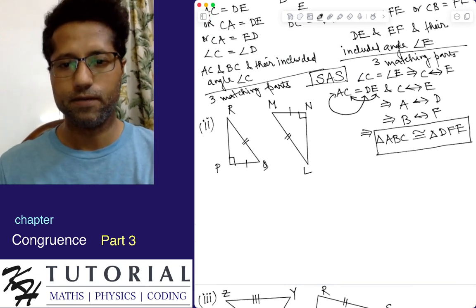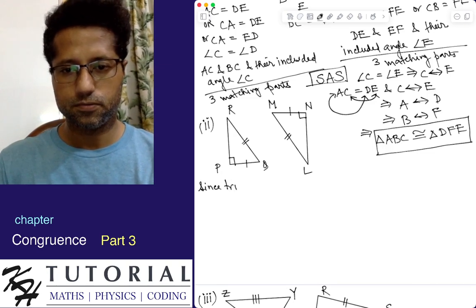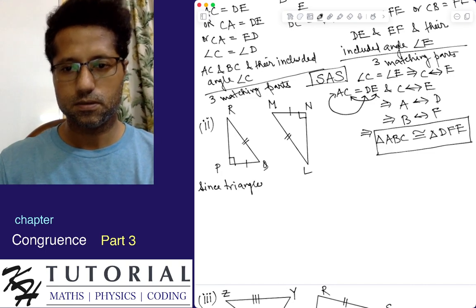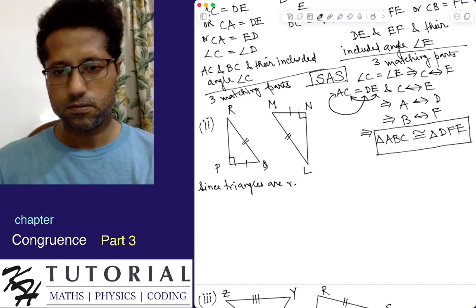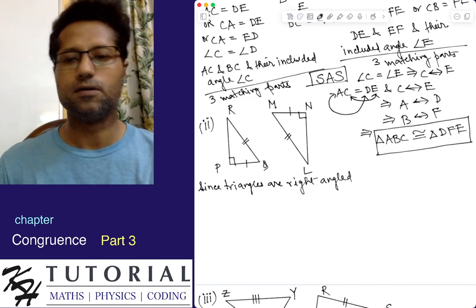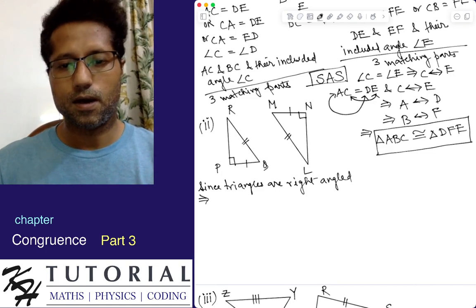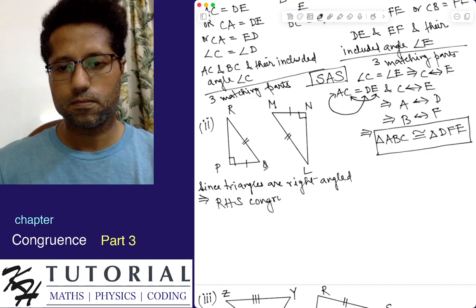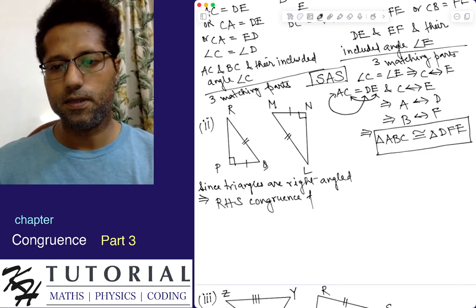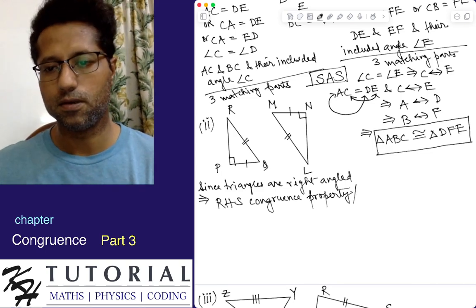Since the triangles are right angled and also it is given that these two triangles are congruent, this will imply the RHS congruence property is being applied to verify the congruence of these two triangles.